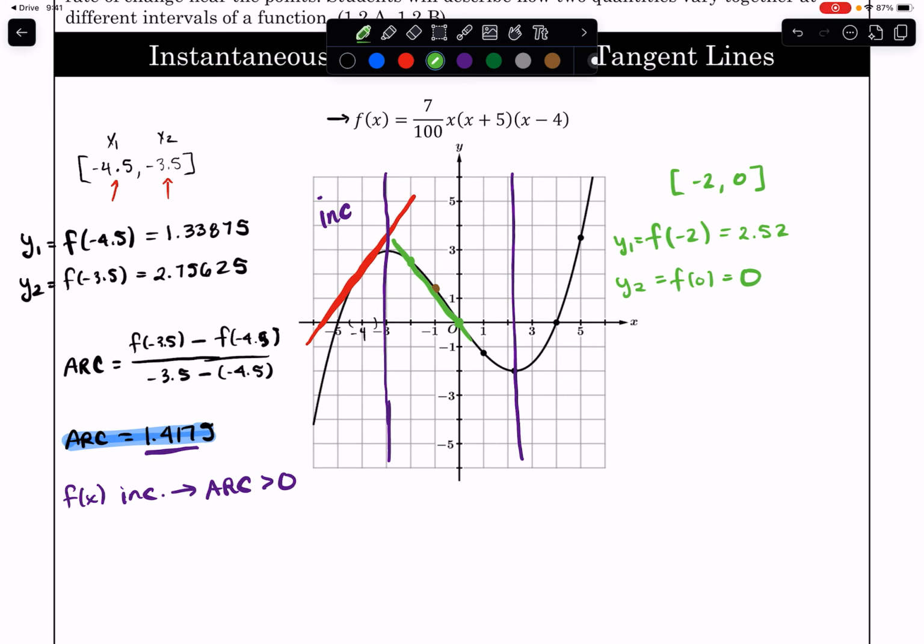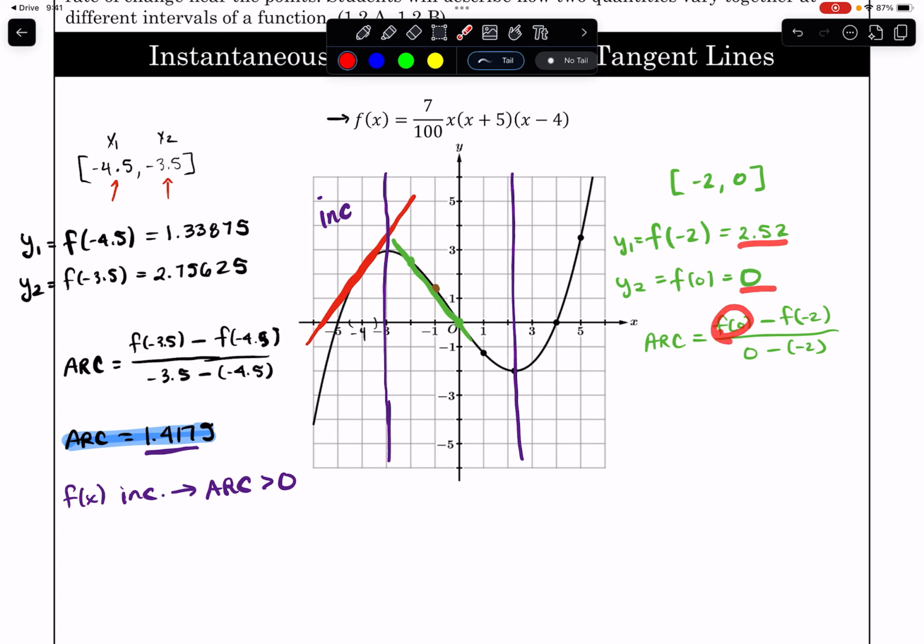Now to figure out the average rate of change of this line here, the arc, I'm going to do y2, which is f of 0, which is 0, minus y1, which is f of -2, over my x2, 0, minus my x1, -2. And again, I'm using this notation here just because I didn't want to write the decimal value of 2.52 and I don't want to write the 0.